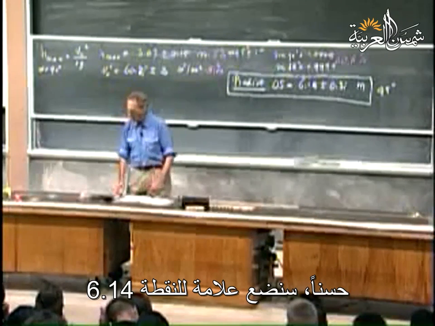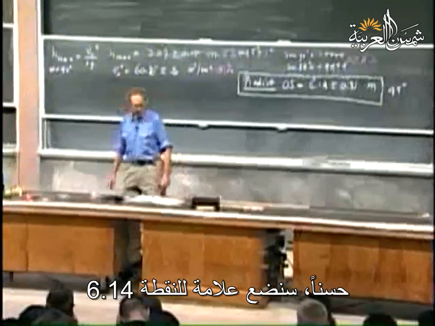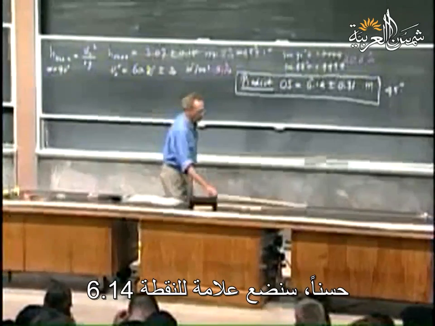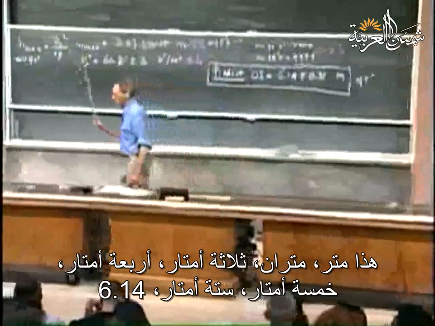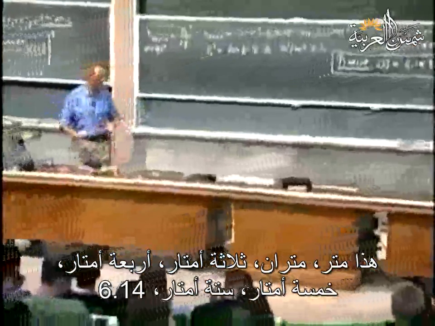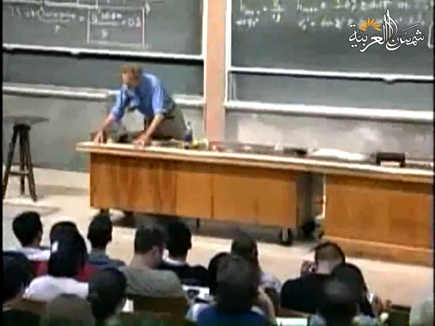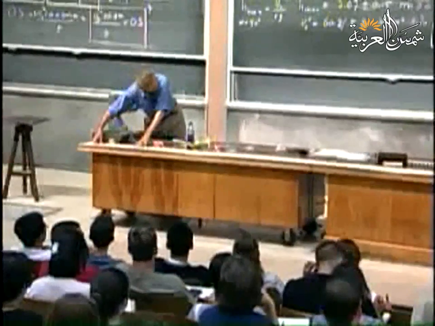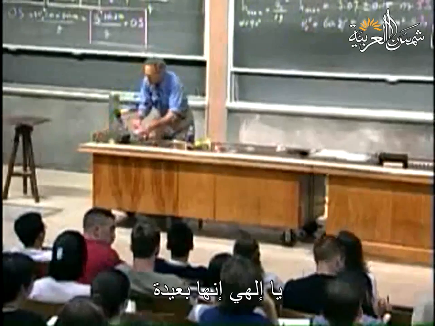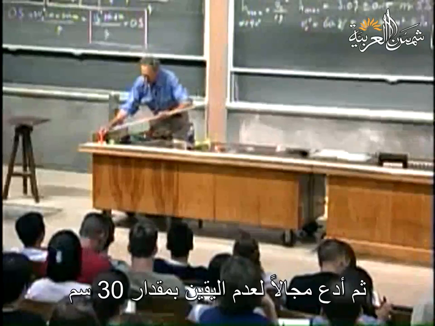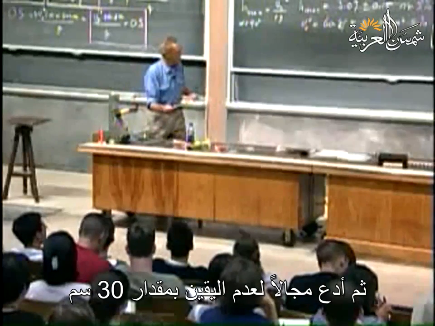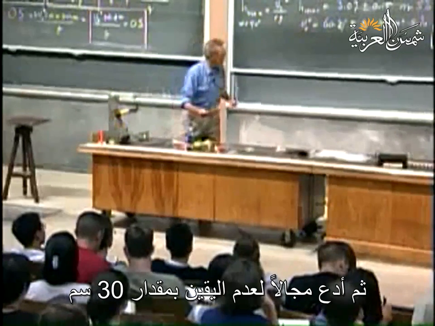All right? So we're going to mark the 6.14. This is 1 meter, 2 meter, 3 meter, 4 meter, 5 meter, 6 meter, 6.14. 14 centimeters. My God, it's all the way here. And then I allow for an error of about 30 centimeters.